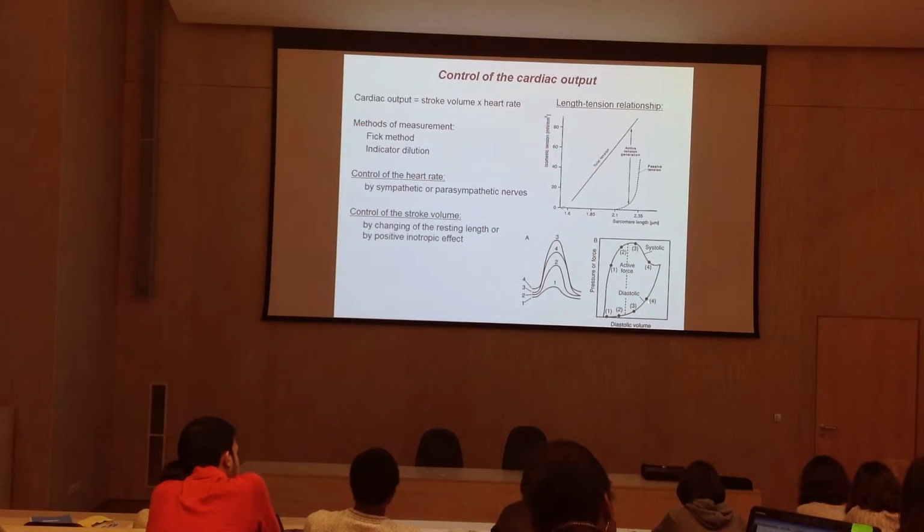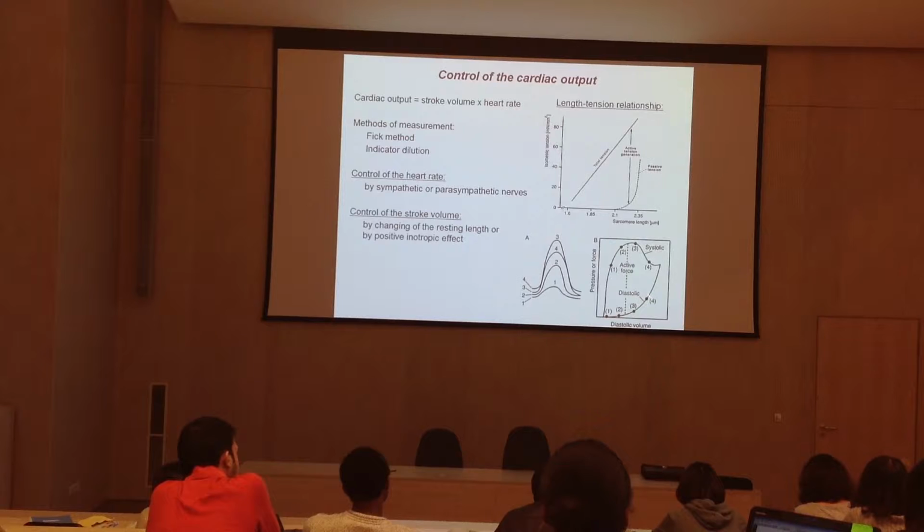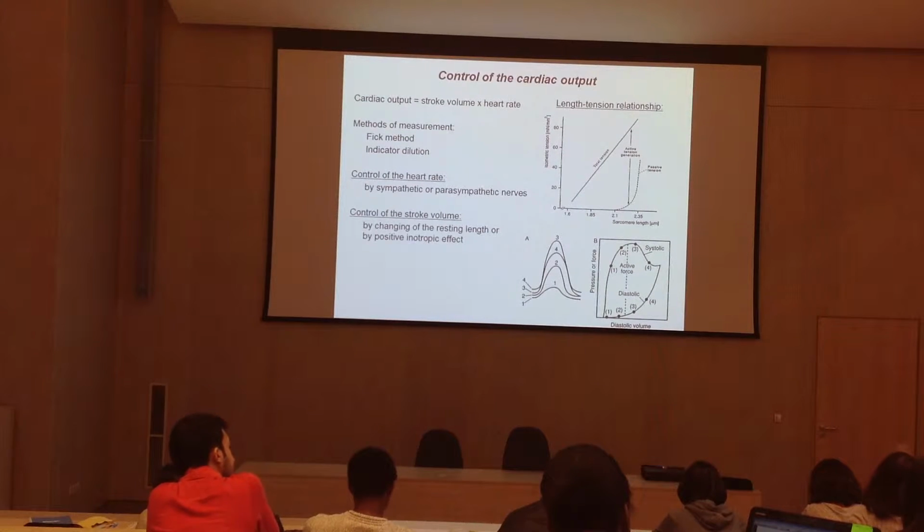What is the situation at position 4? We overstretched the muscle. You can see that the change in the tension is much smaller than the change here at the same position. Therefore, overstretched. And there is a certain point here where we overstretch the muscle and it cannot contract at all.